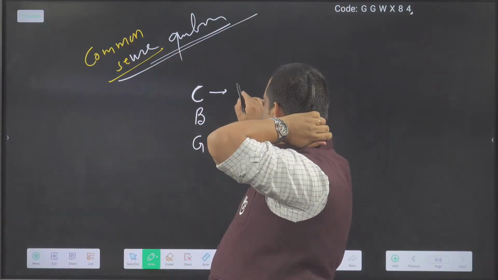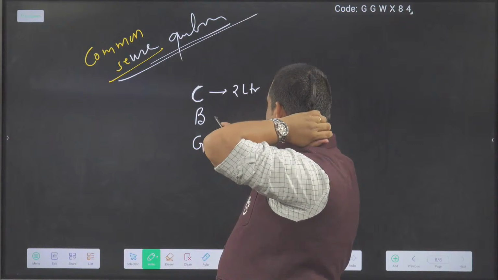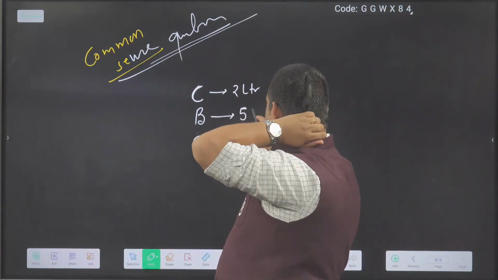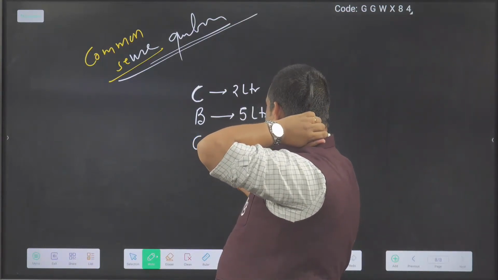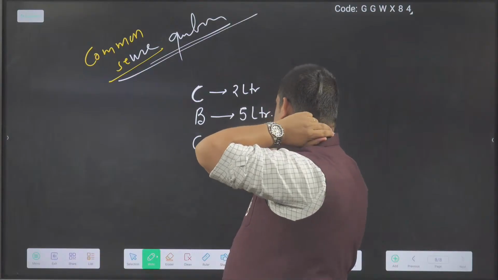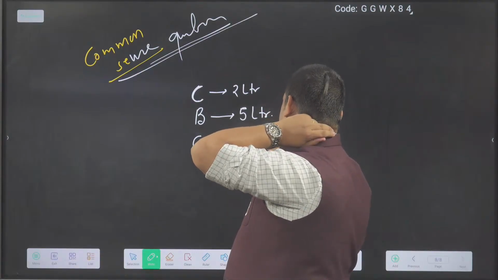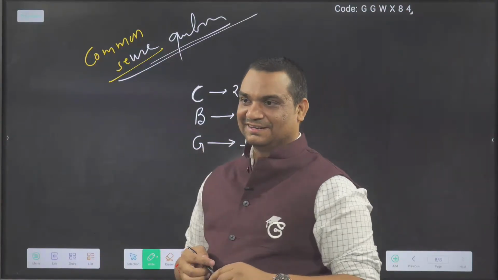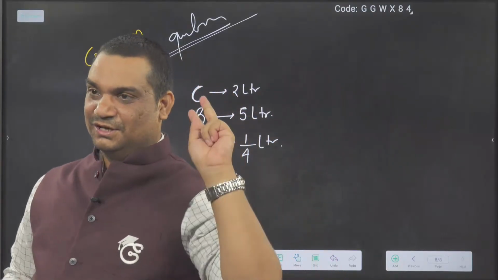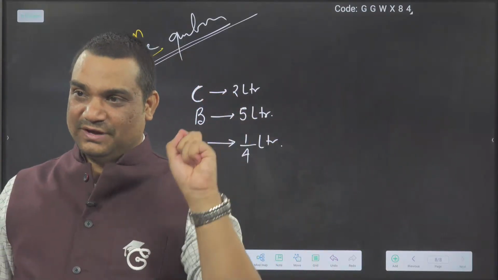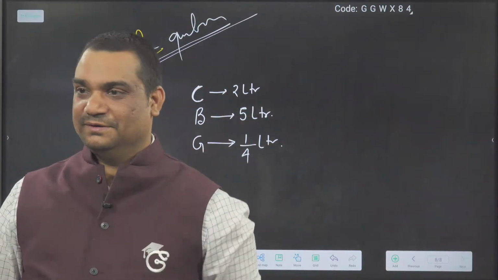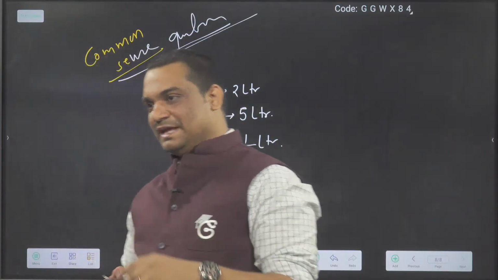Cow gives 2 liter milk, buffalo gives 5 liter, and the goat gives 1/4 liter, 250 ml.